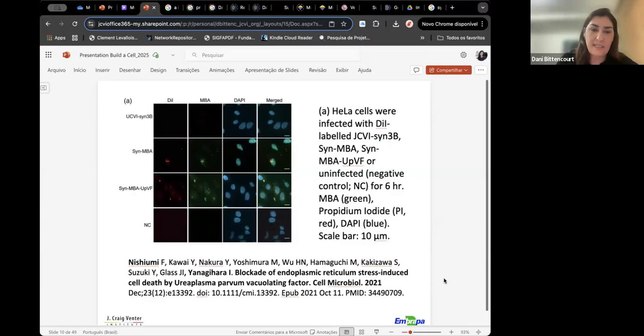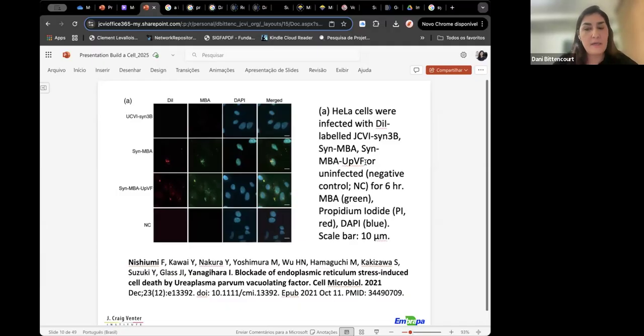In this study, they showed that the minimal cell actually wasn't capable of attaching to HeLa cells. But when they had the MB gene in there, they recovered the capacity of the minimal cell to attach to HeLa cells. So this is one of the first questions answered.